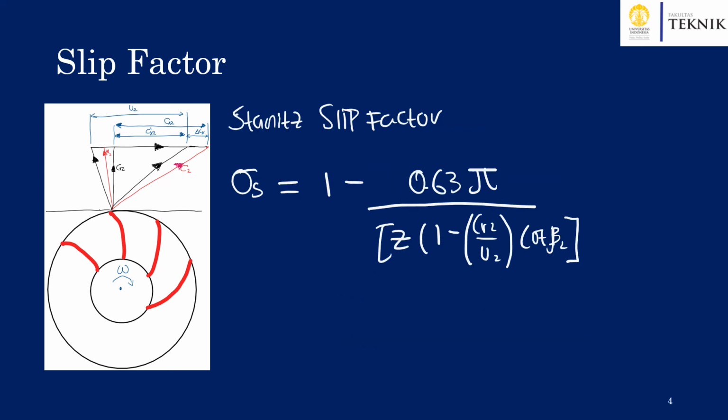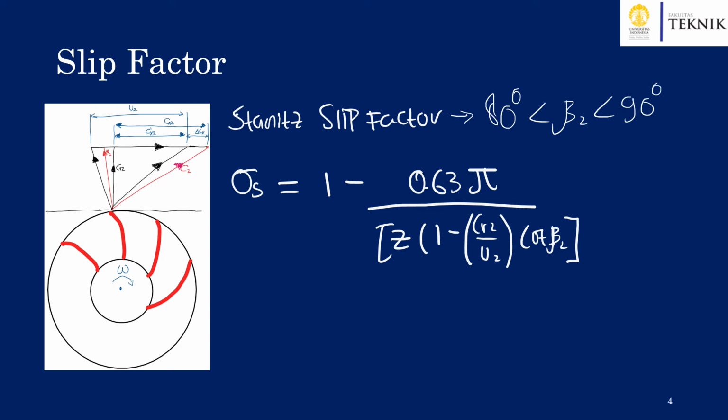The third way to estimate the slip factor is by using the Stanitz slip factor. This equation is best used in the range of blade angle between 80 degrees and 90 degrees.